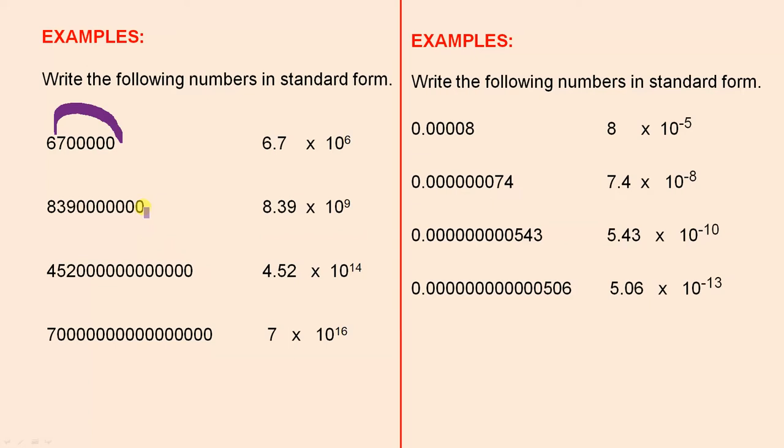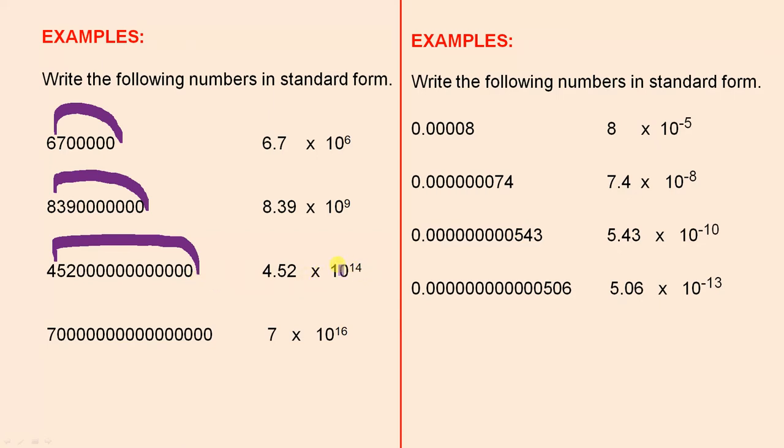In a similar manner, we take the decimal point back between the 8 and the 3, which gives us 8.39. We go back 9 places, so it's 10 to the power of 9. For the next one, moving the decimal point right over to between the 4 and the 5 gives us 4.52 times 10 to the power of 14, because the distance from here back to here is 14 places.